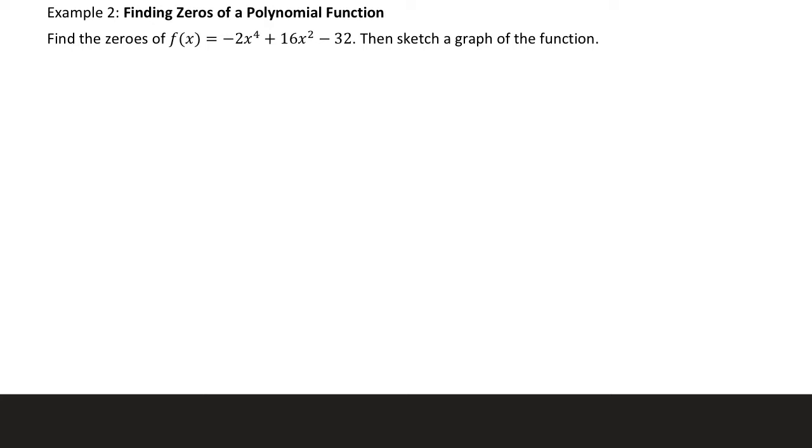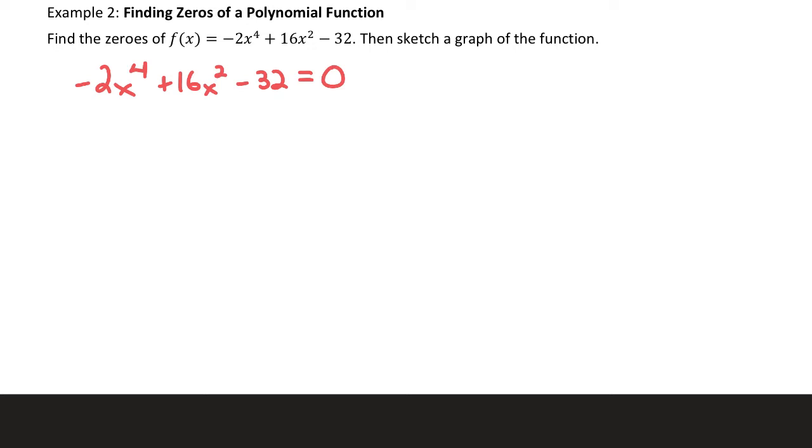So finding the zeros of a function, the way we do that is we take the function, -2x to the 4th, plus 16x squared minus 32. We set that equal to 0. Okay? We find zeros by setting our function equal to 0. And then we factor this function, or we factor this expression. So again, we look for a GCF.